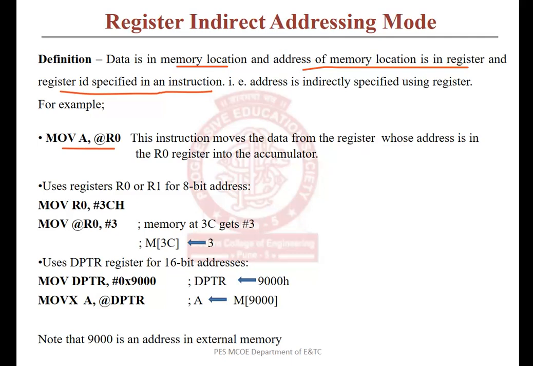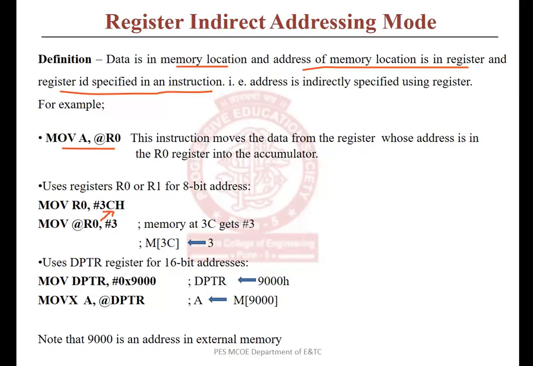So first instruction here is MOV R0, #3Ch. Now this value is stored into R0. Now next instruction is MOV @R0, #3. Now 3 is a value or data, right? Where is it moving? It is moving to the memory location pointed by R0, and now R0 is pointing to memory location 3C.